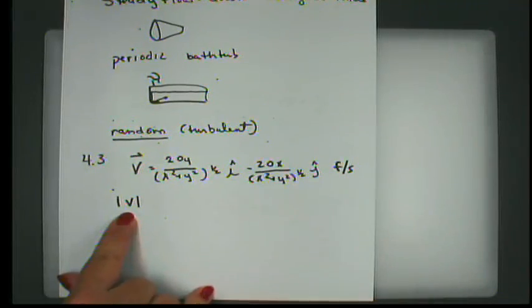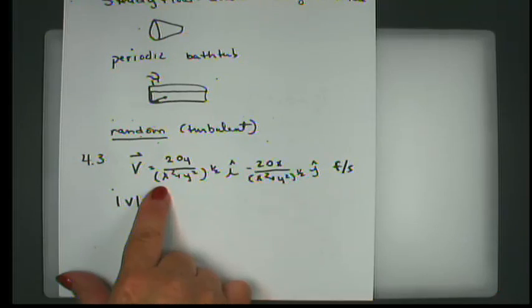And this is measured in feet per second, where x and y are in feet. Determine the fluid speed, which is the magnitude of this velocity vector. Back over to the document camera. Okay, so I wrote down the equations here.